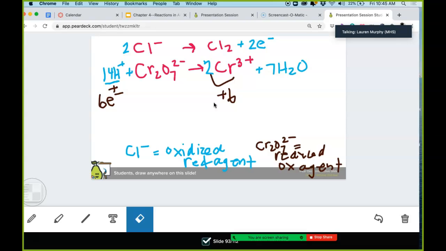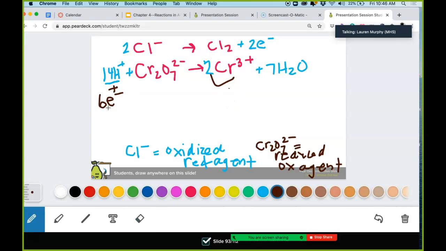Okay, now that everything matches, I have to force the electrons to match. So this is 6 and this is 2. So I'm going to have to multiply this guy right here by 3 to get 6 electrons over here to match these 6 electrons over here.